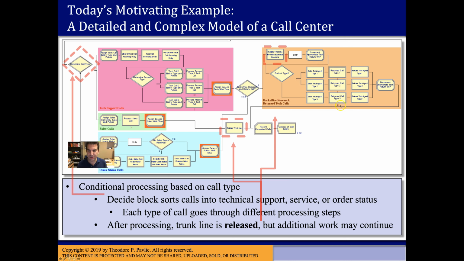Now, these return calls, these resources need trunk line as well, and they do have queues. And so you might do back office research, and then you have to wait on a unit of trunk line to become available. If the trunk line's all the way full, then you grab that and call the customer back, and that's what's being modeled here.